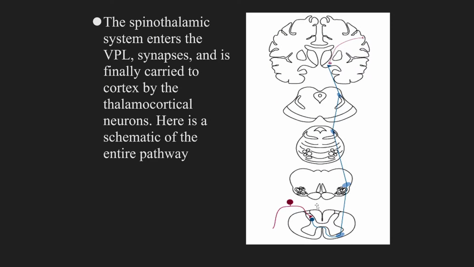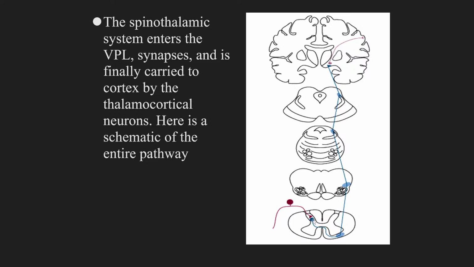As you see, the main difference here is that the crossing, the decussation, is almost immediate, and this is Lissauer's tract at the bottom, and then the posterior column is being entered.